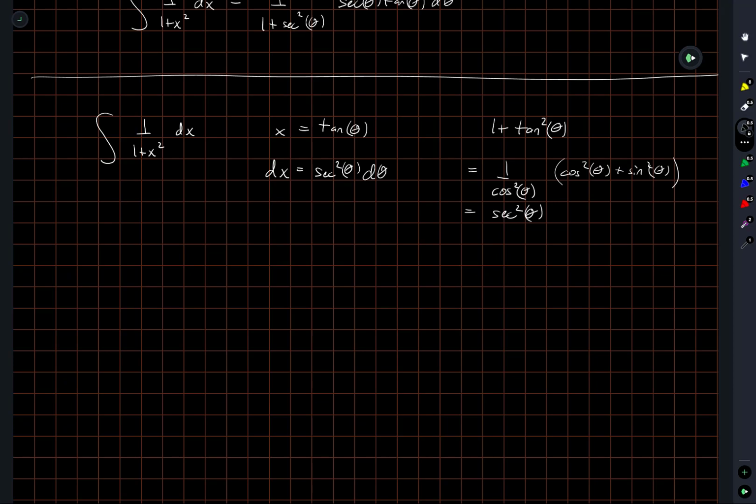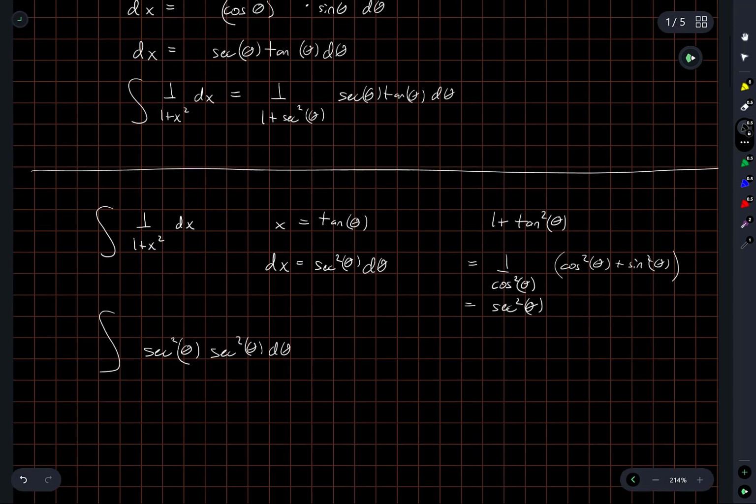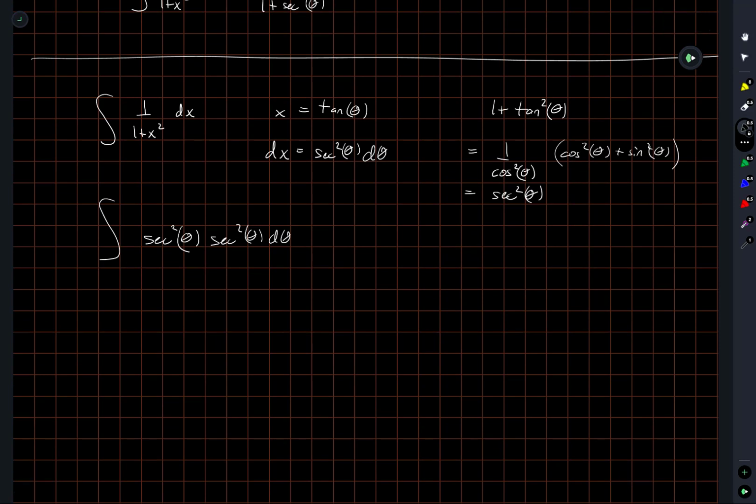So this integral is then the same as secant squared theta times dx. This doesn't look like it's helping much, but maybe one of the other substitutions would end up working. You know what? If I ended up with a reciprocal of something somewhere, that would make me happy.